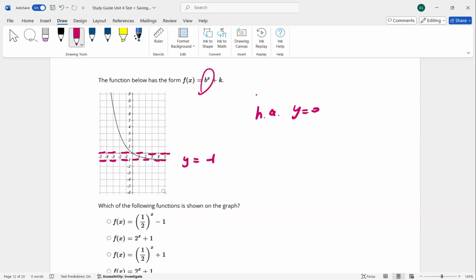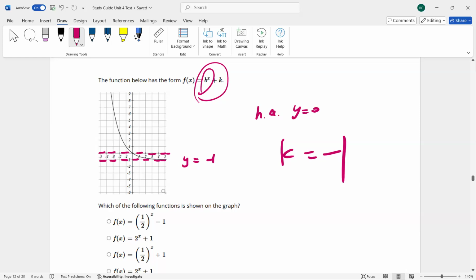But now this function has asymptote y equals -1. That means our function f of x can be acquired by moving the mother function graph downward 1 unit. So now we know k is -1.